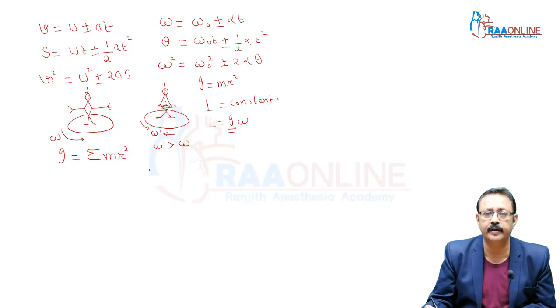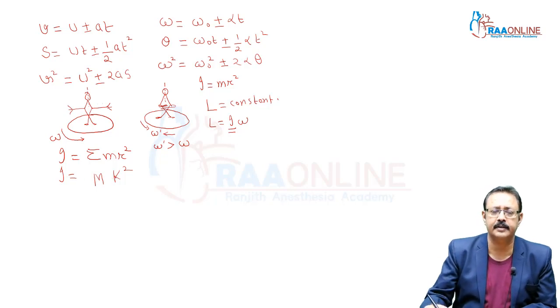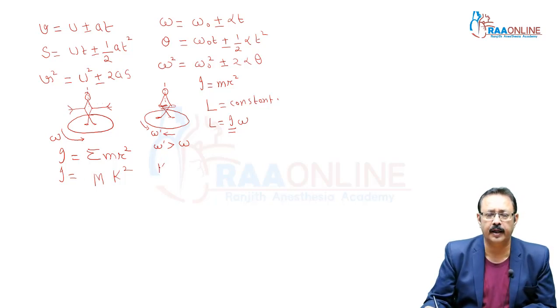If you have one distance, k, by multiplying the square of that distance with the whole mass of the object, it gives you the moment of inertia about that axis of rotation, then this distance k is known as radius of gyration.